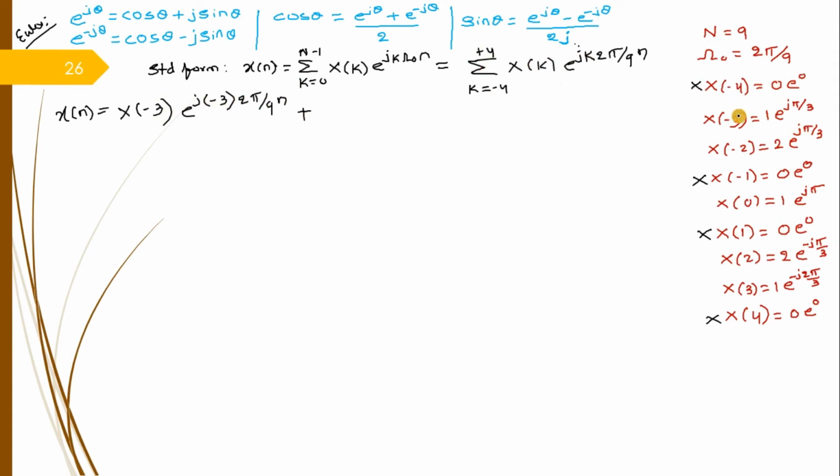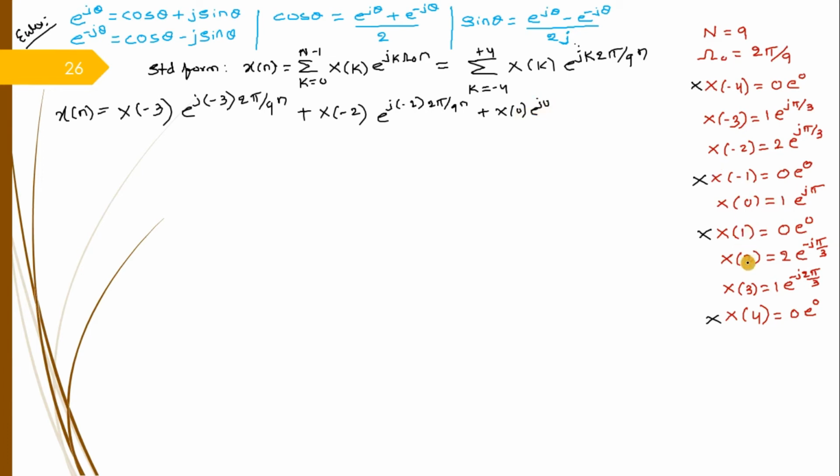Plus x of minus 2 is here. So x of minus 2 e raised to j, in place of k minus 2, 2 pi by 9 n. This term is done. Next term is this, plus x of 0 e raised to j0.